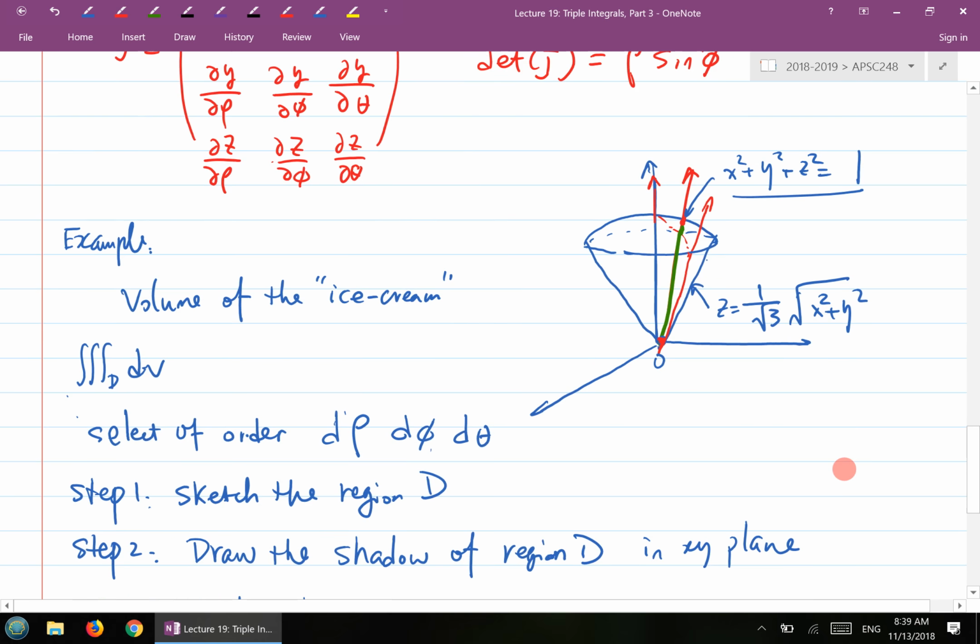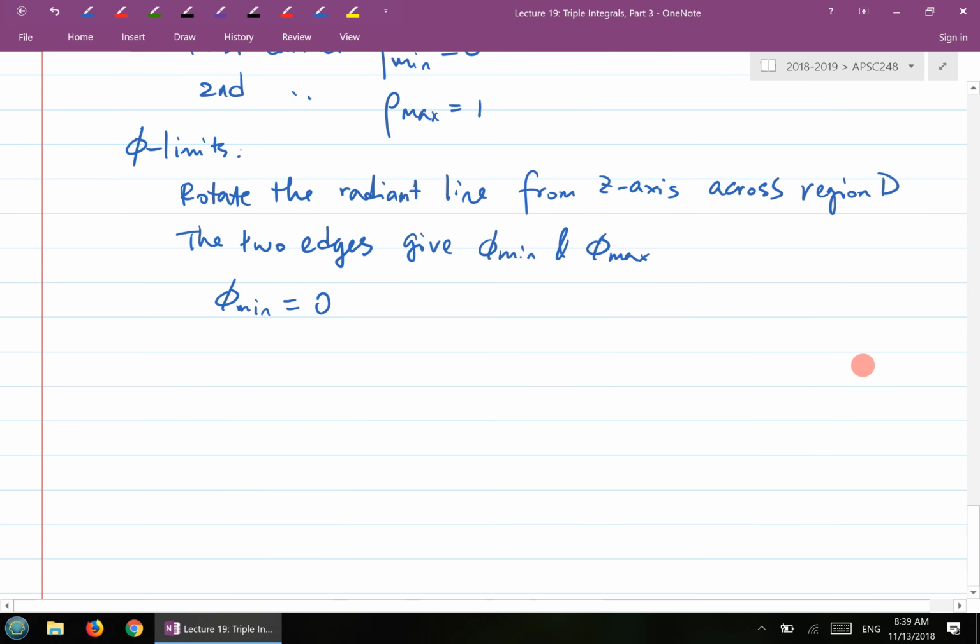Phi max, as we drew here, is basically the angle from the z-axis to any edge on the cone surface. And here's the cone. So how do I find the phi angle then? What will be the phi here?